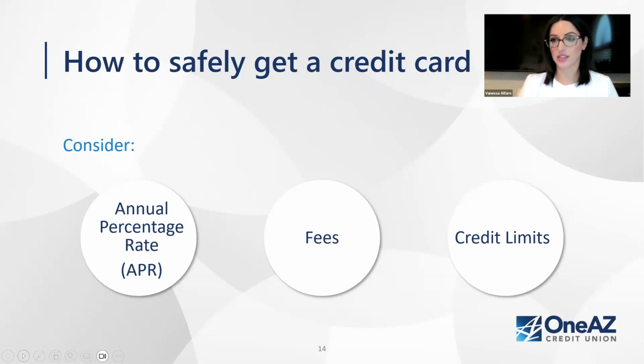Consider your fees. There are some credit cards that offer lower rates, but then you might be paying a $125 annual fee. So really do your research, look up 5 different credit cards if you have to, and do your comparison. Look at your credit limits. If you know you need to make a purchase for a certain dollar amount, look to see if the limit will be enough for that 30% utilization.